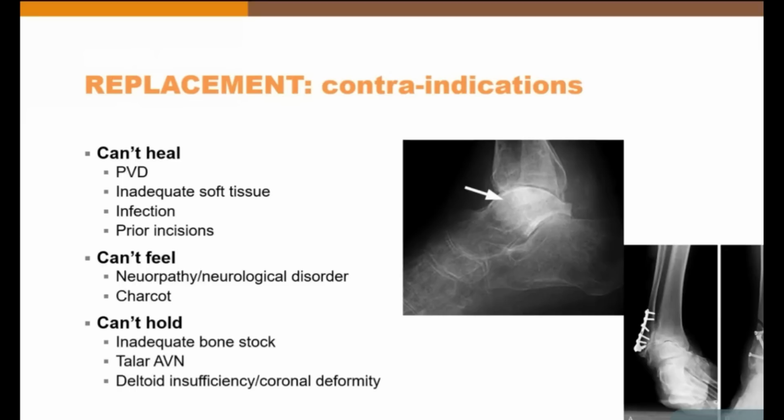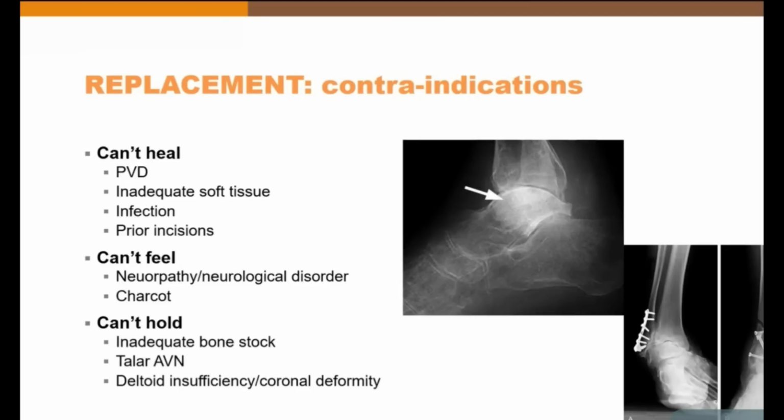Infection, we mentioned before, but an underlying infection that is at risk of redeveloping or infecting an arthroplasty is to be avoided. And prior incisions can dictate where future incisions can be made and may negate options.